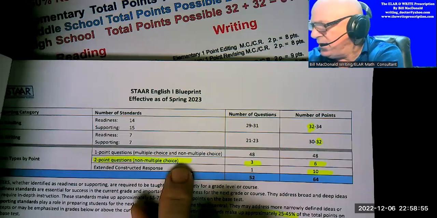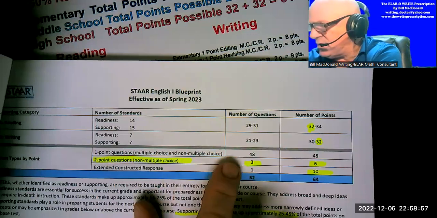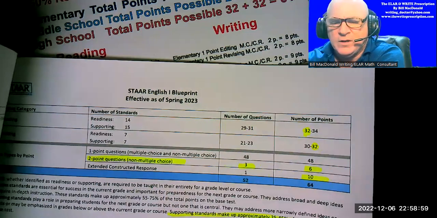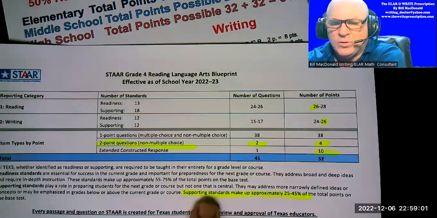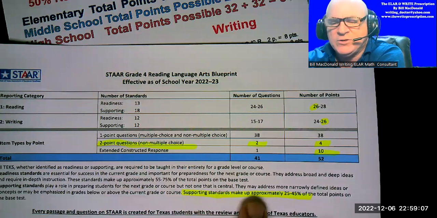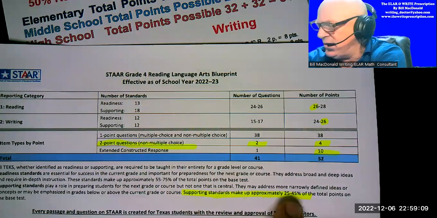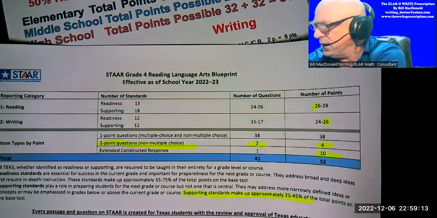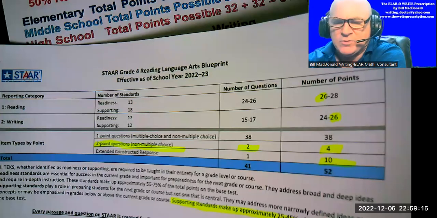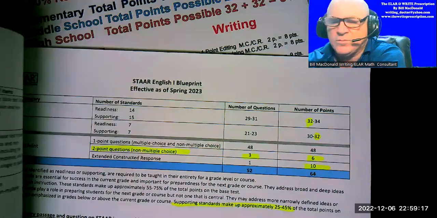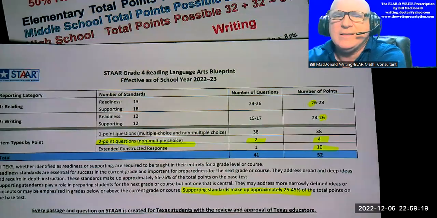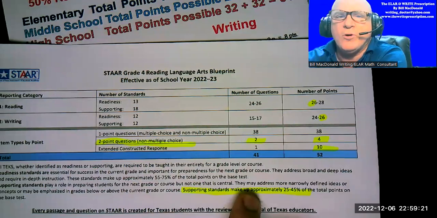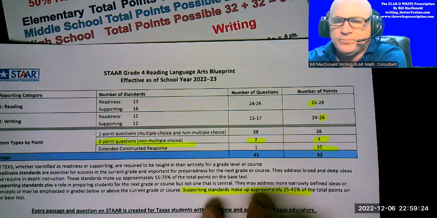So based on this information, and I'll show you this right here because it says it on all three, keep in mind that your test is going to be made up of anywhere between 25 to 45% for each grade level. You can see it's the same thing on all three levels, elementary, middle school, and high school, of what they call supporting standards, which means the things they were supposed to have learned before they got to your grade.